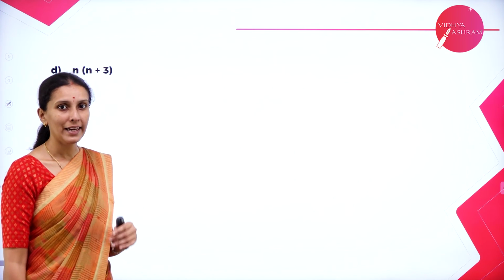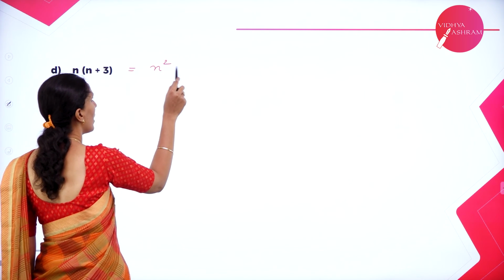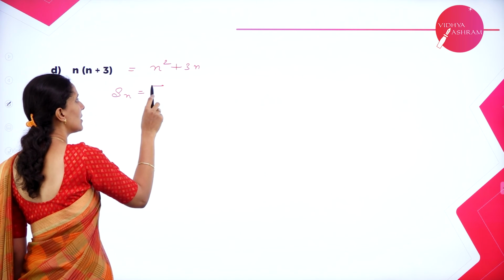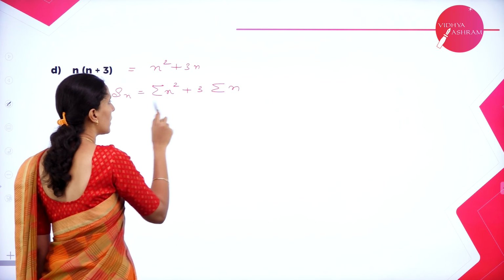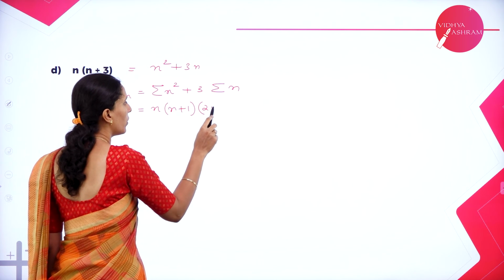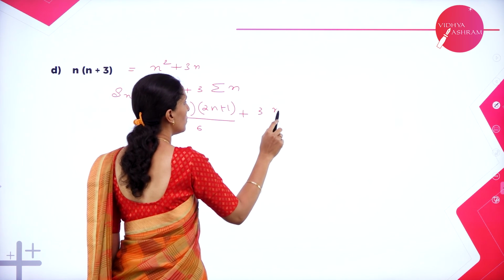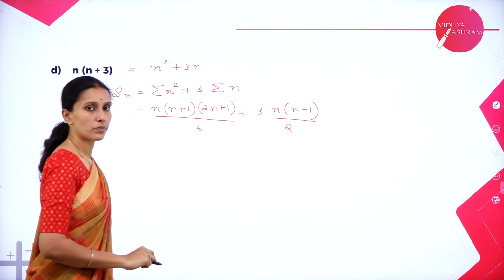Next we have n into n plus 3. So when you multiply, it becomes n square plus 3n. So clearly Sn can be written as summation n square plus 3 into summation n. That is n into n plus 1, 2n plus 1 divided by 6 plus 3 into n plus 1 divided by 2.